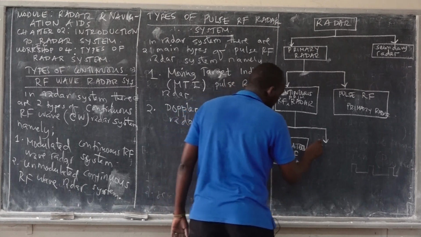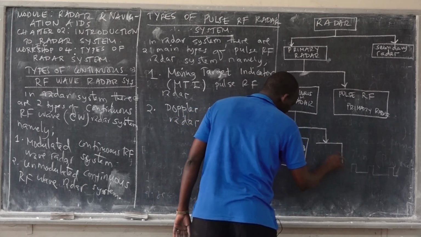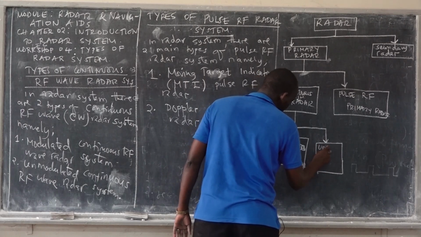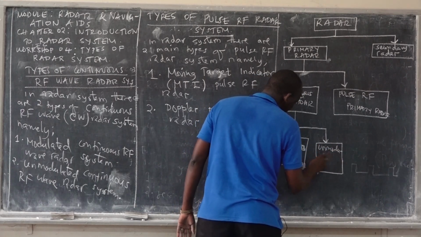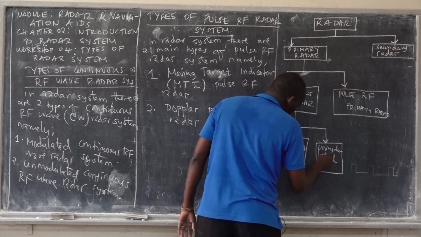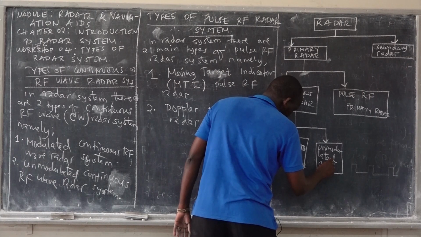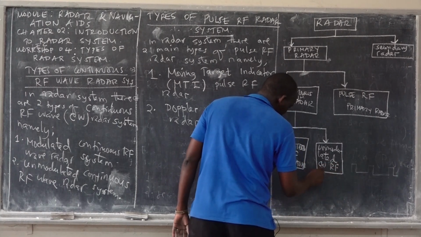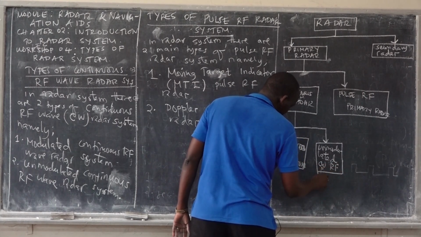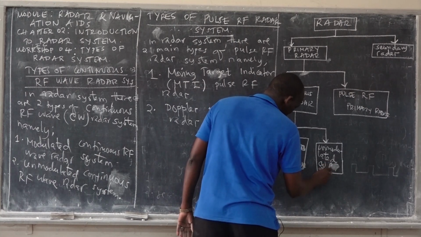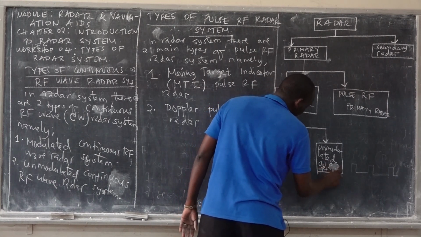And here we have what? Unmodulated. Unmodulated continuous wave radio frequency primary radar system.